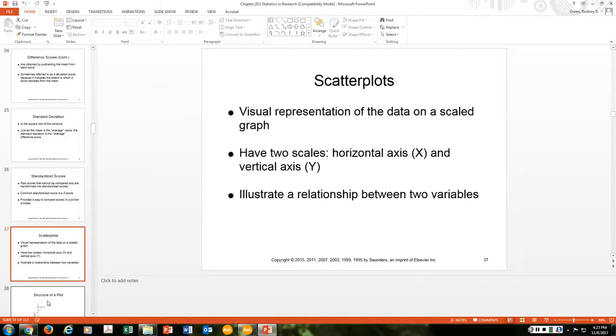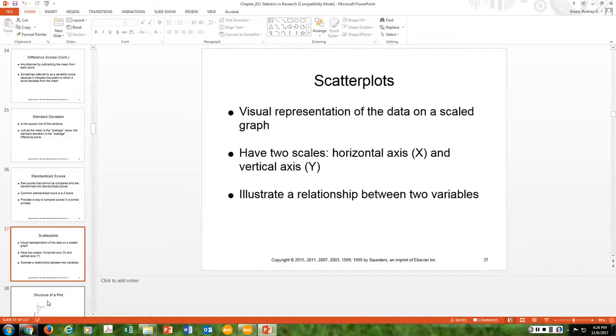A scatter plot. We'll talk about this for a minute. It's a visual representation of the data on a scaled graph. So you'll have two axes, a horizontal x and a vertical y, and it helps you to illustrate a relationship between two variables.